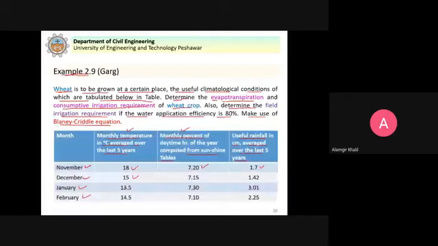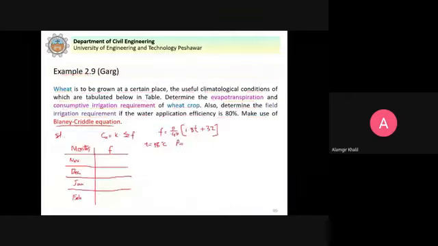P is equal to 7.20. So now you put in the above equation here, and then we calculate the F value. So the F comes out to be 11.592.